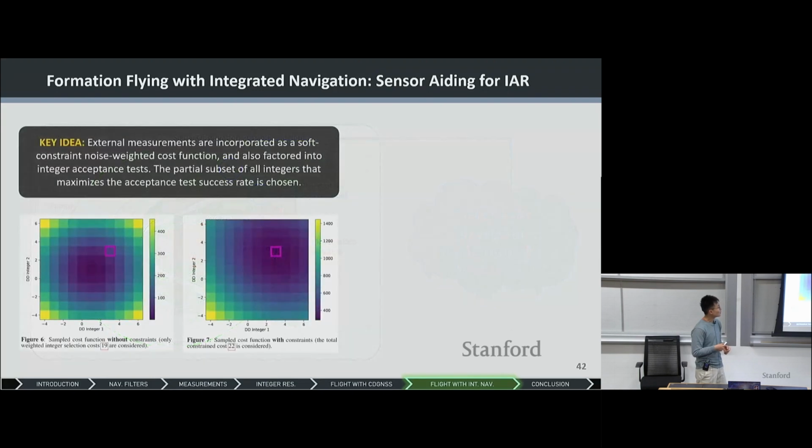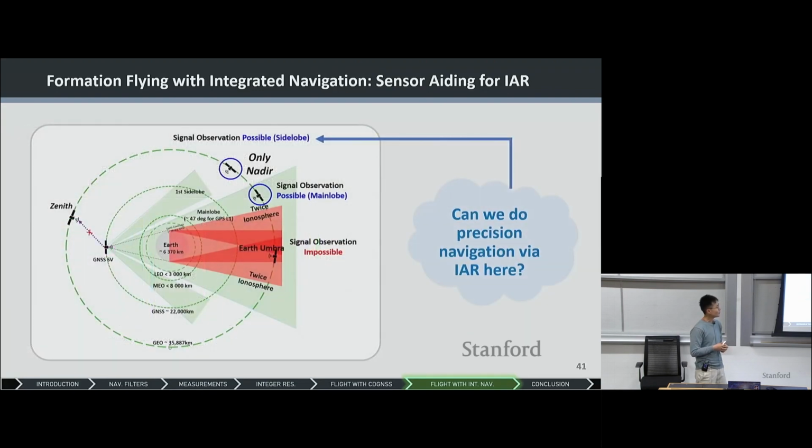We did some preliminary analysis, at least at a level that is accurately reflective of the kind of thermal noise that your receiver would be observing if you're flying in geostationary orbits. So you're flying higher than a GPS satellite.